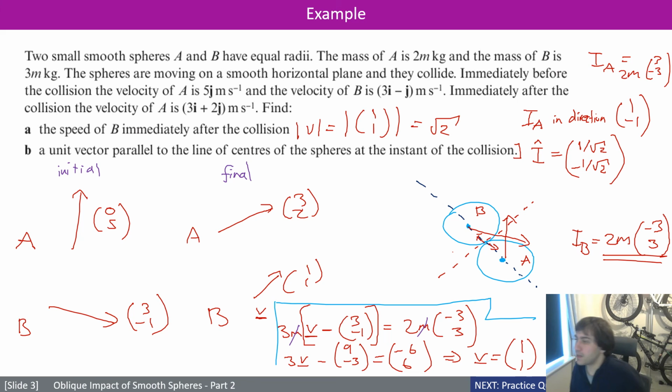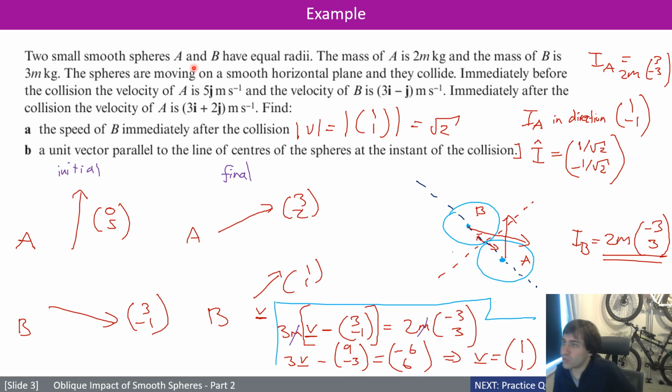Okay, done. So a bit more to consider in terms of vectors for those last few examples. Don't make the mistake I did, which is confusing line of centers with the common tangent. Remember that the impulse always acts along the line of centers, and the two impulses will always be the same magnitude but just in the opposite direction.